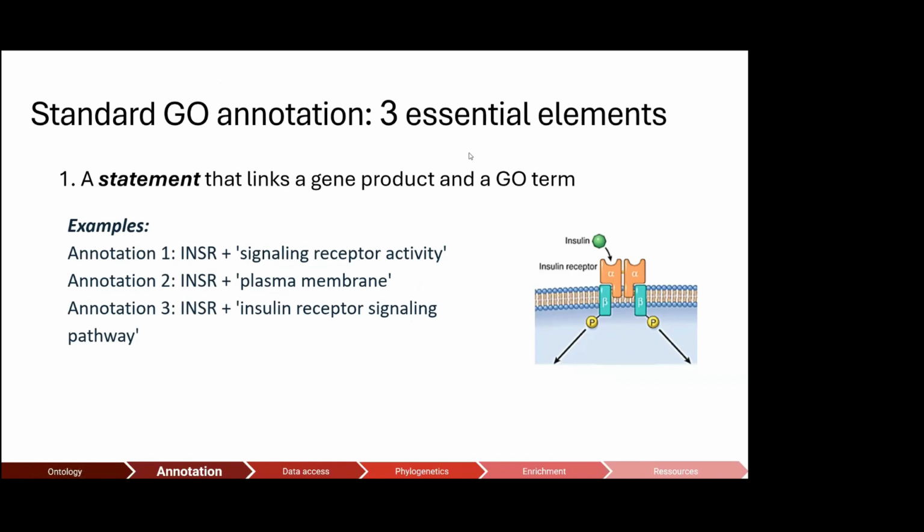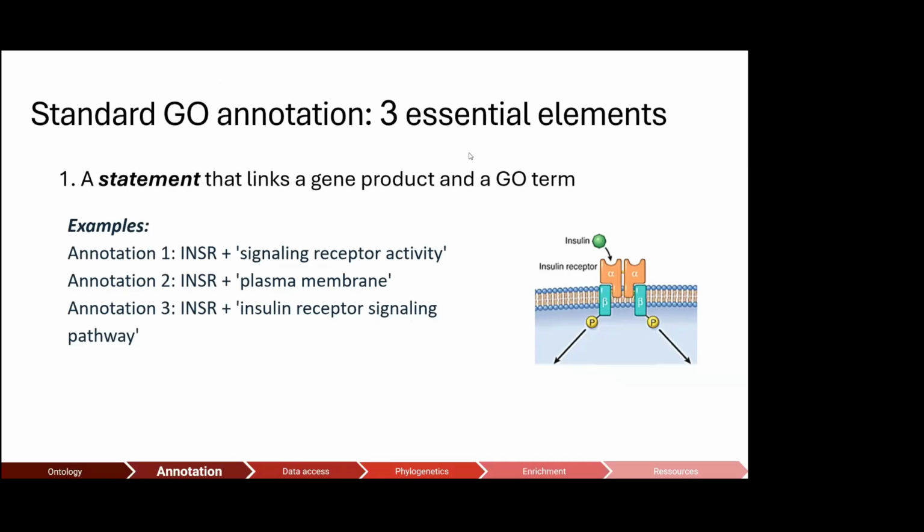I will give you this example of the insulin receptor. The insulin receptor has a function, which is signaling receptor activity. So the annotation is a molecular function Go term, signaling receptor activity, linked to the insulin receptor.